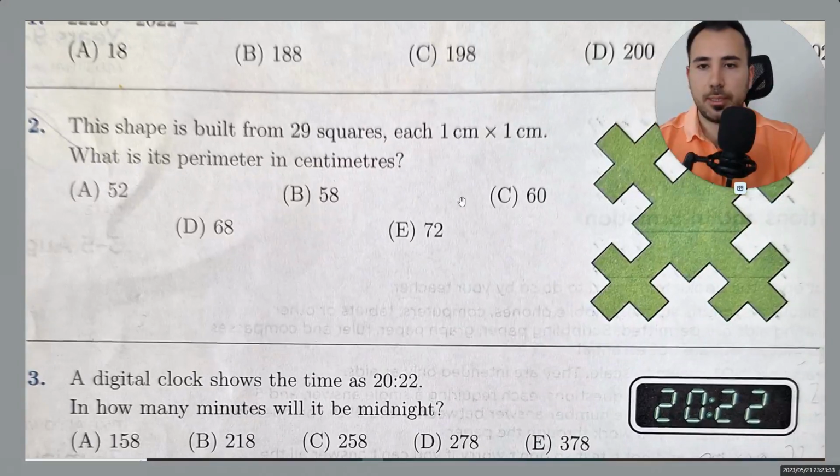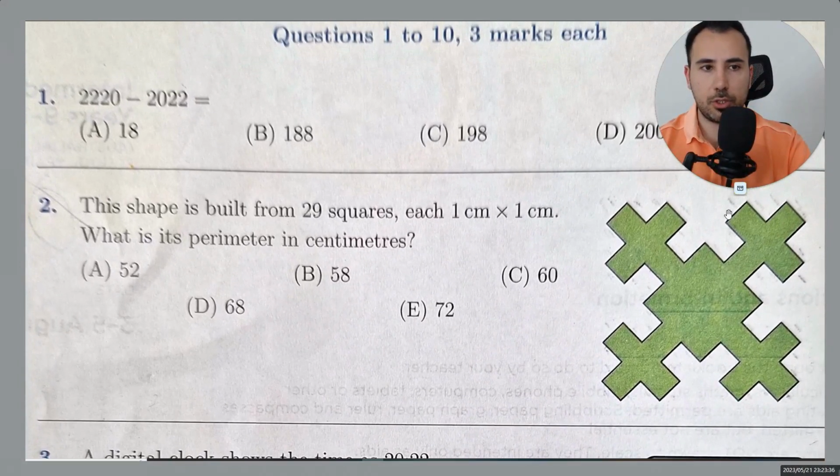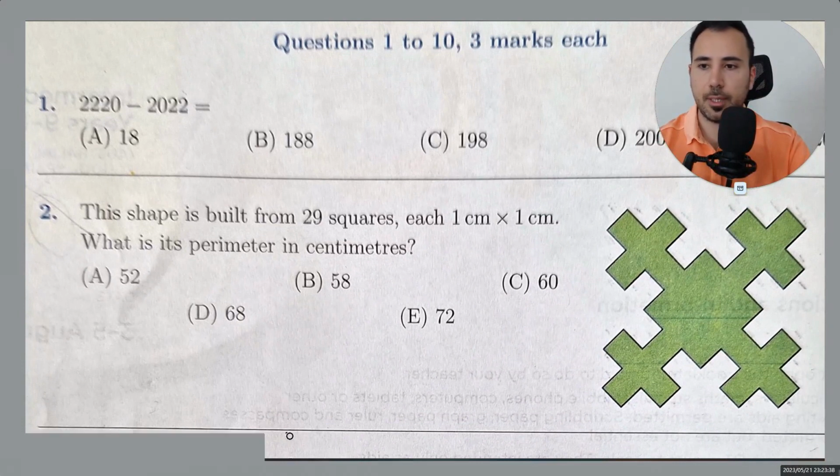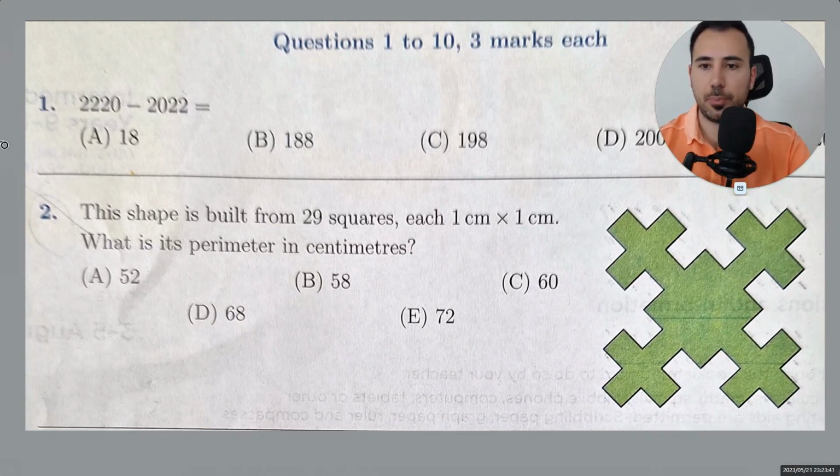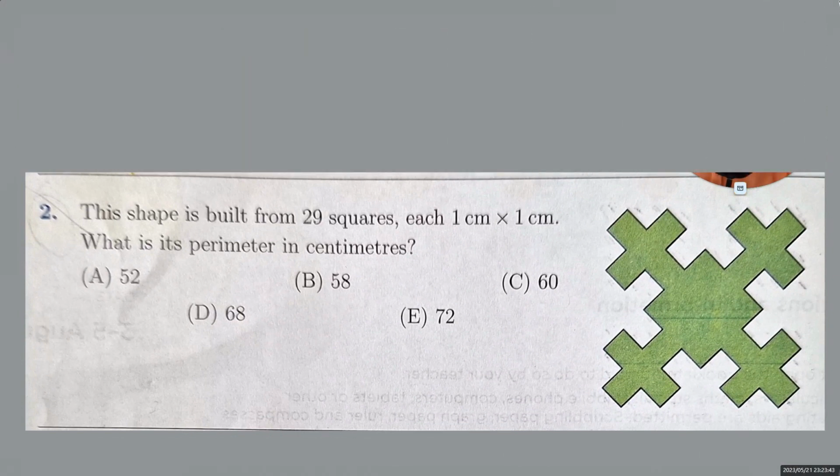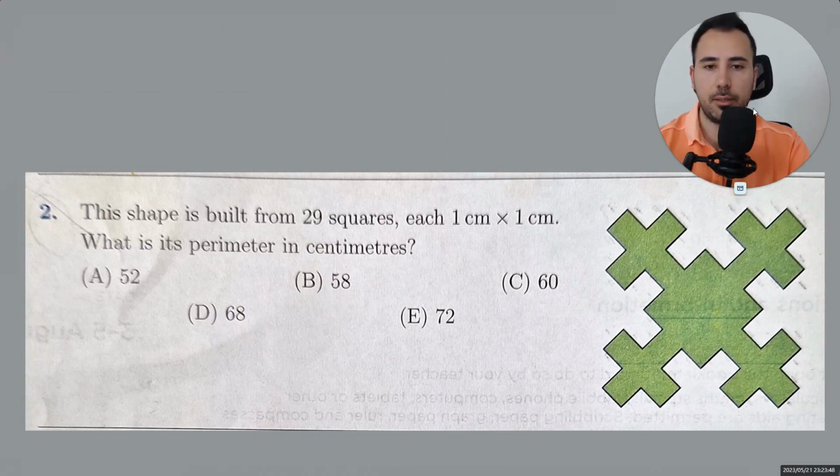Let's focus on question 2. The shape is built from 29 squares, each one 1 centimeter by 1 centimeter. What is the perimeter in centimeters? We don't have to calculate the perimeter of all the shape.